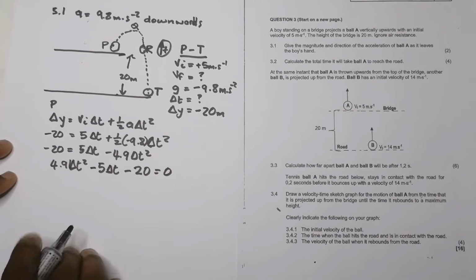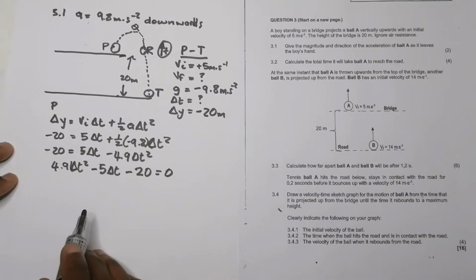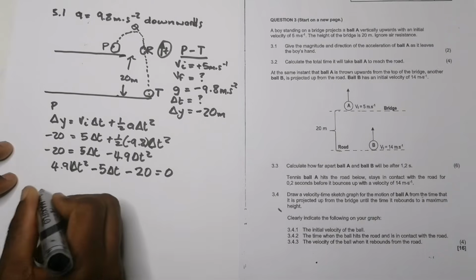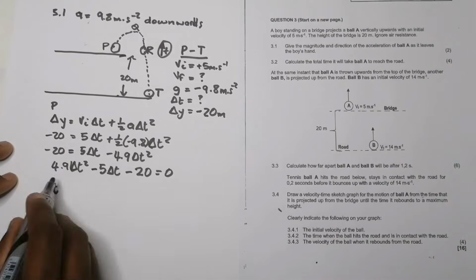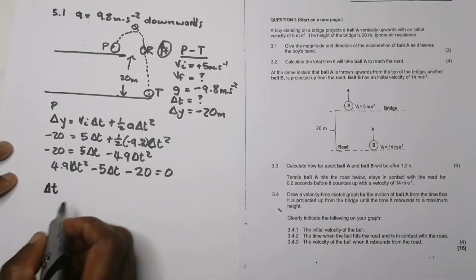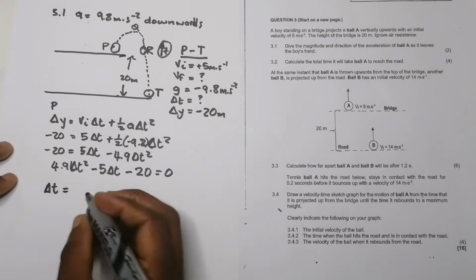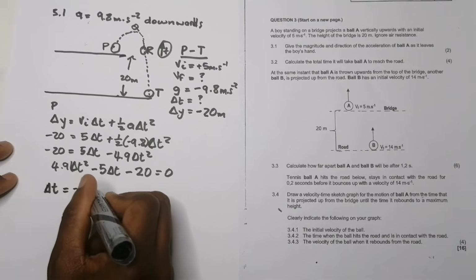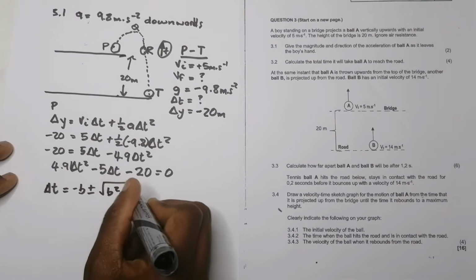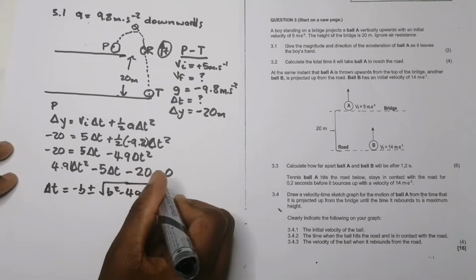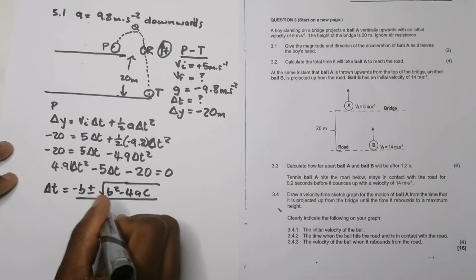Having taken everything to the other side, now you're left with the quadratic there. And please remember, when you want to solve that, of course, you can't factorize here. So I'm just going to take the quadratic formula. That's minus b plus or minus the square root of b squared minus 4ac, divided by 2a.